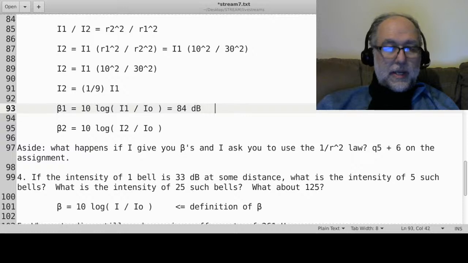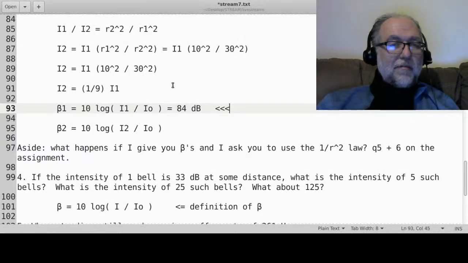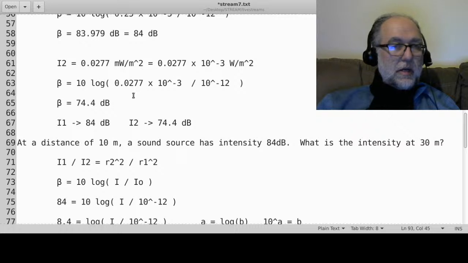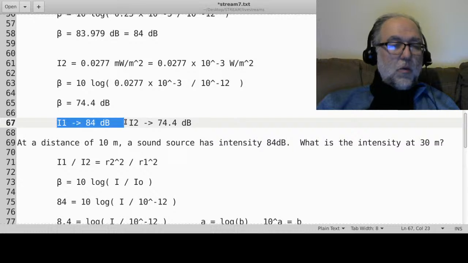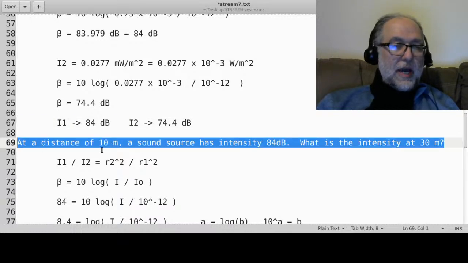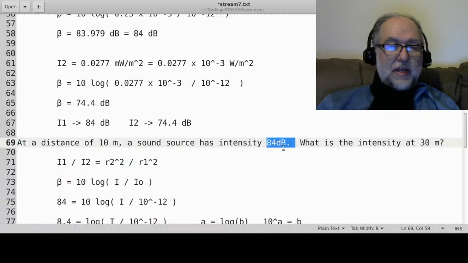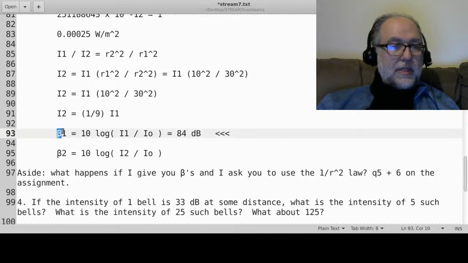Where's this coming from? If you look up above, when we converted, we said I1 is 84 decibels and I2 is 74.4. In fact, that's the way I asked the question: at a distance of 10 meters, your sound source has an intensity of 84 decibels. So this beta 1, that's at R1.